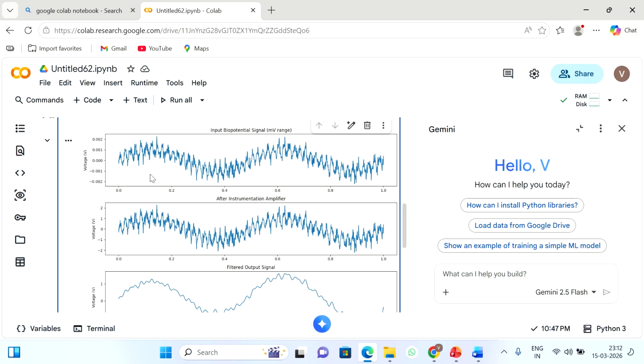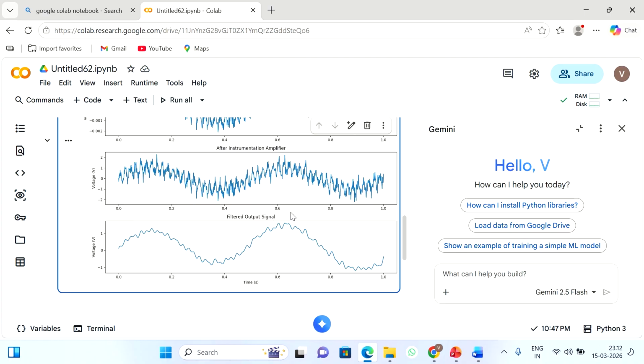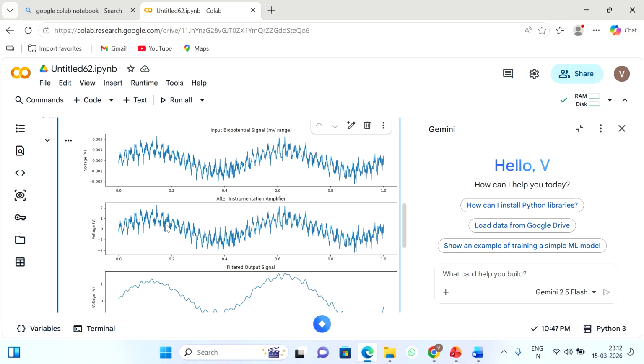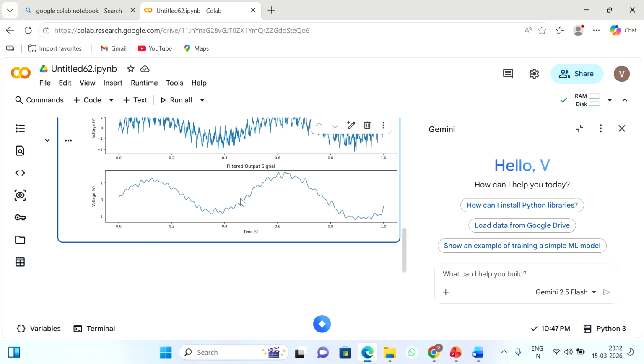So here 0.002 only, but after amplification the signal will become higher, but the time in second won't change. After filtration, here we will get the spikes in and around the waveform, in positive as well as negative, but the filtered output signal will give you a smooth waveform without any spikes. It is also drawn with time in second on the x-axis versus voltage in volt. So the amplitude is voltage.